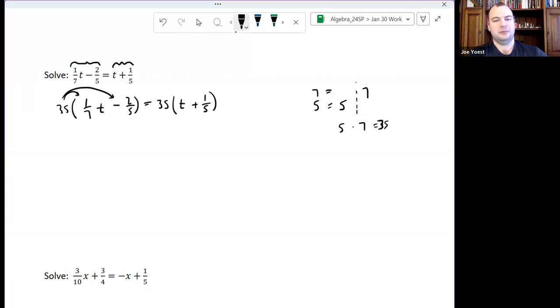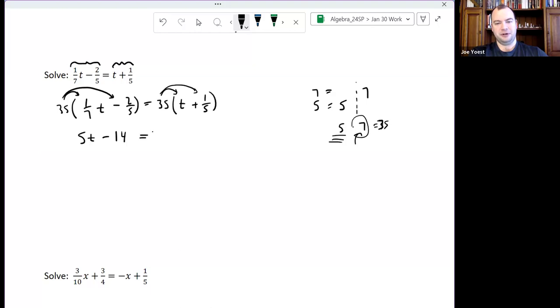Well, 35 times 1/7, the factor of 7 will divide out and leave a 5. 35 times 2/5, here the factor of 5 will divide out and leave a factor of 7, which will multiply the 2. So that's 14. Going a little quicker on this one because presumably you have worked through this, at least gotten most of the way through it.